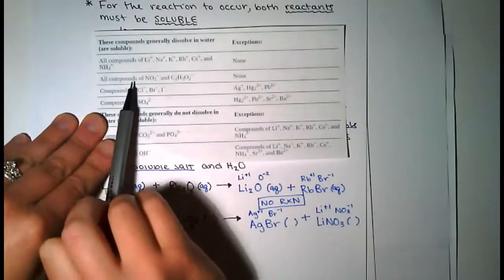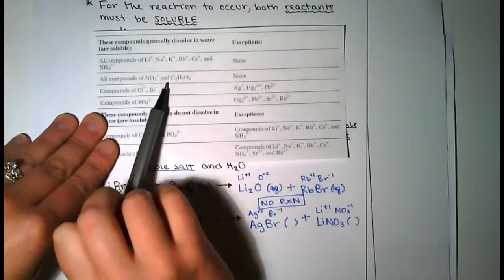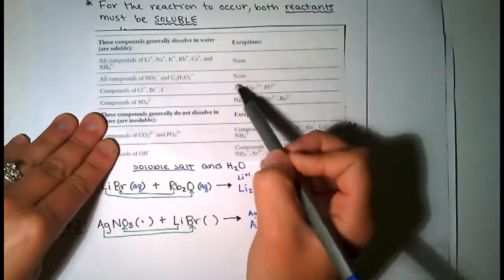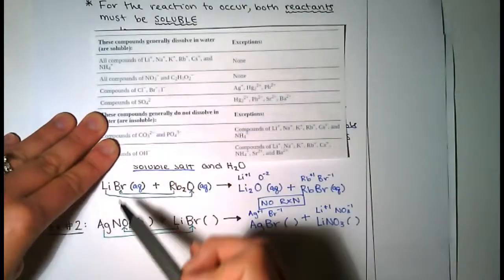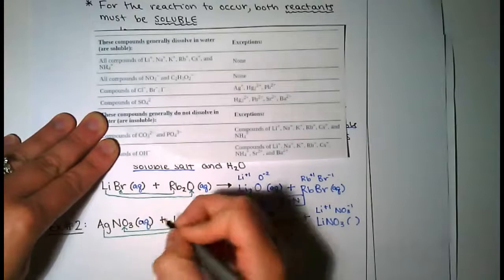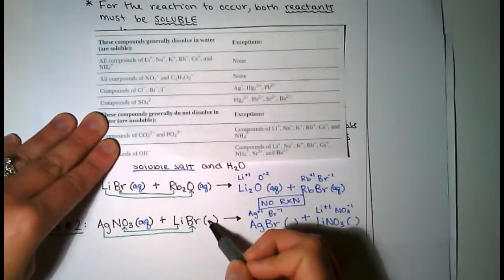And it says all compounds of NO3 and C2H3O2 are soluble. They generally dissolve in water. So there are no exceptions to that rule, so I know that silver nitrate must indeed be soluble or aqueous. Then in checking lithium bromide, it still follows that first rule that all compounds of lithium are soluble.